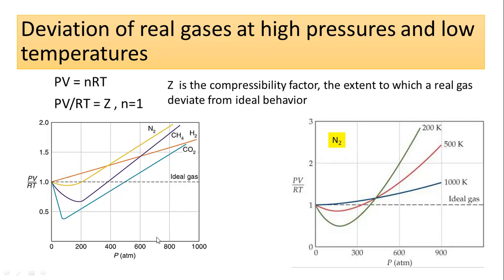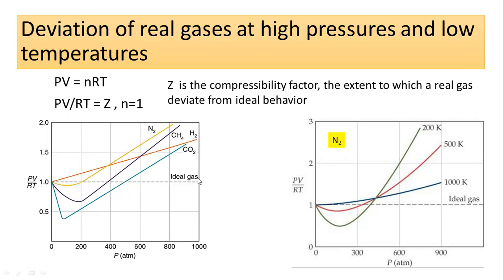So first have a look at the first graph. What I have explained, I am going to show here. This is the graph of PV divided by RT with the increase in pressure.